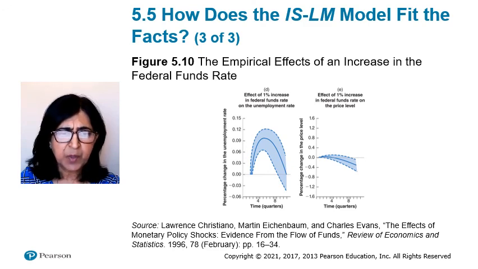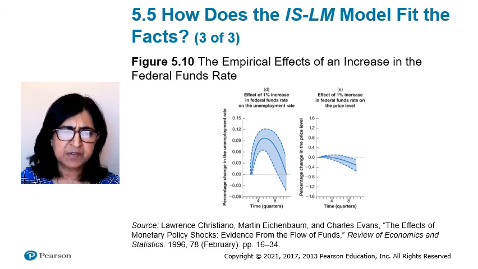Taken together, all the panels show that in the short run, an increase in the federal funds rate leads to a decrease in output and to an increase in unemployment, but it has little effect on the price level. Figure 5.10 supports the assumption of fixed prices and the assumption that in the short run, production responds to demand without a change in prices, and therefore output depends on demand in the short run.